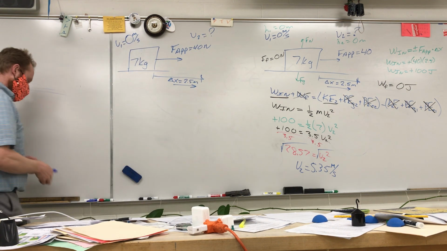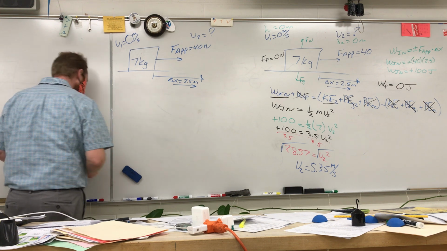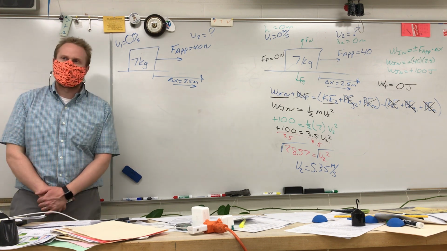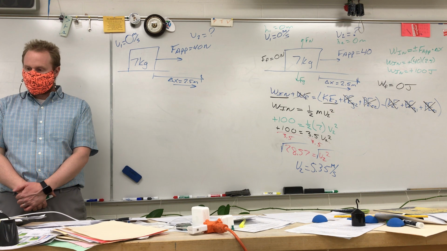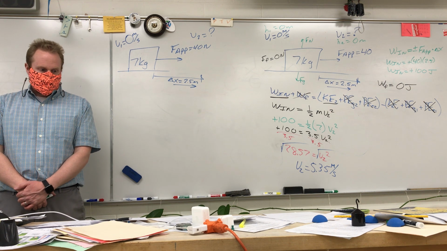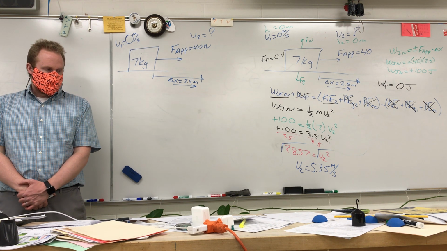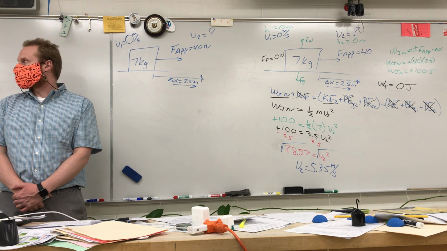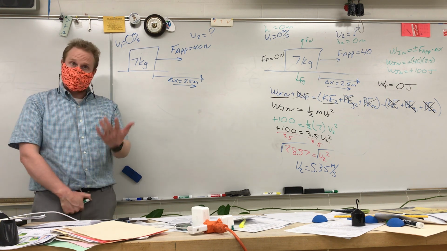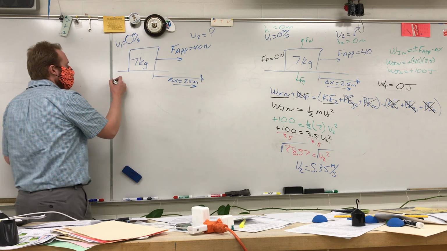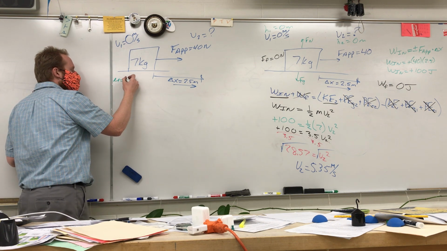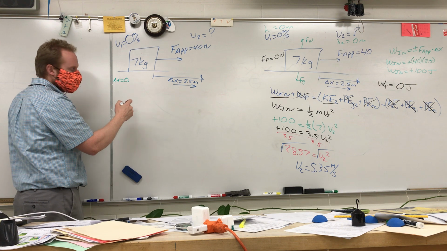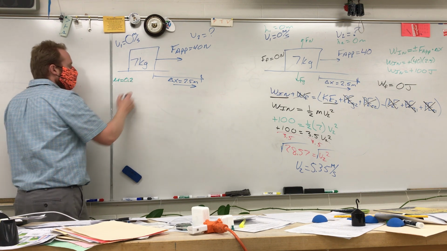The difference is what? I'll give you a chance to read through the second one quick. What's the difference between the first one and the second one? Just some friction. There's friction this time. There's a coefficient of friction of 0.2.